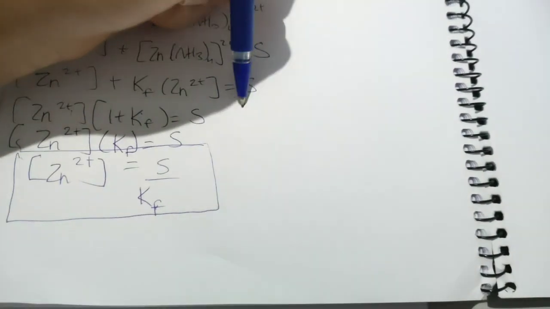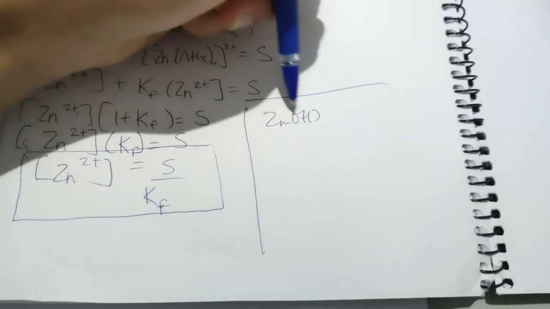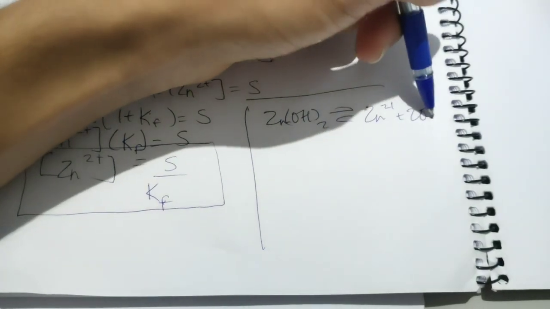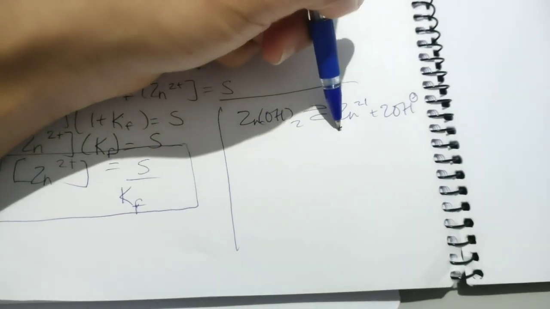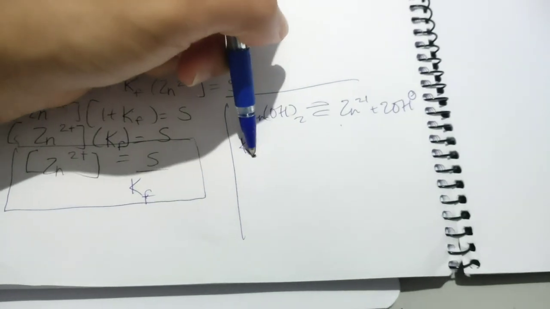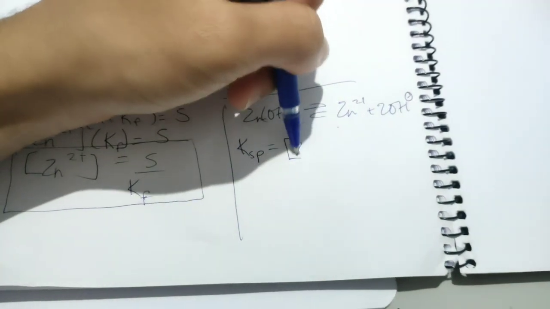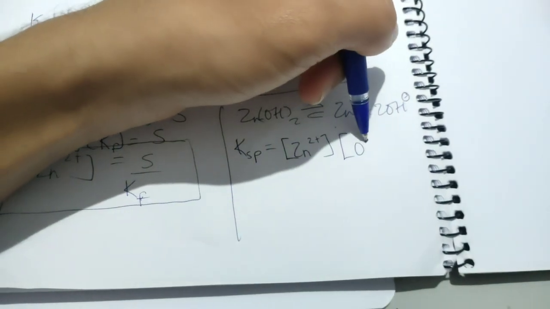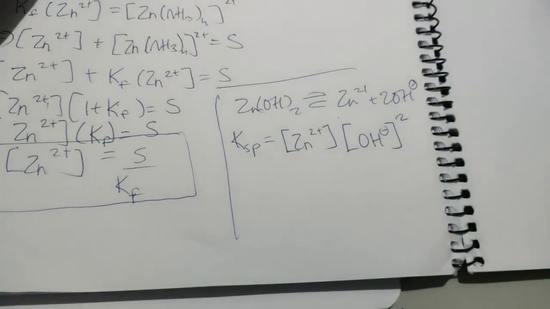And we will plug this into your KSP equation. We know that KSP is equal to the Zn2+ concentration times the OH- concentration squared, right?